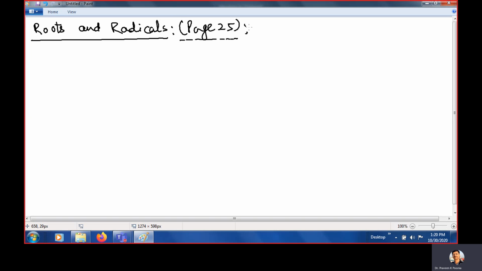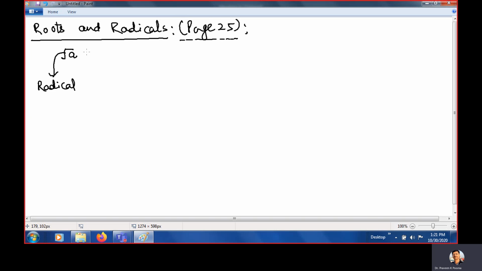Okay, so what do you mean by roots and radicals? Clear? If we write this, it is named as root A, and this symbol here is called the radical.